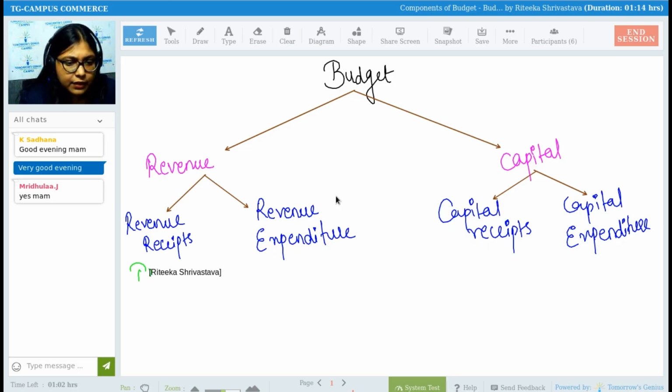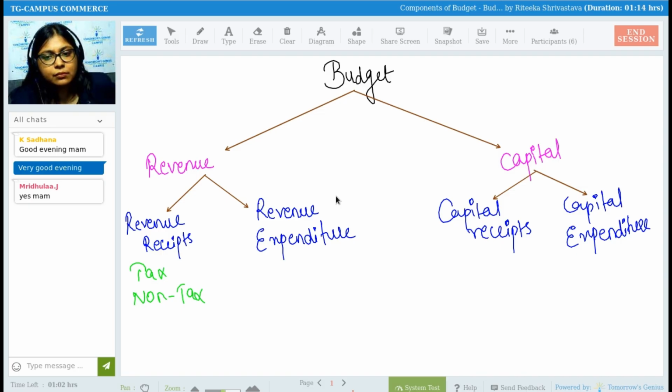What are the types of revenue receipts? Different types? Yes, very good. Tax, non-tax. For revenue expenditure, very good, perfect. Planned revenue expenditure, non-planned revenue expenditure.